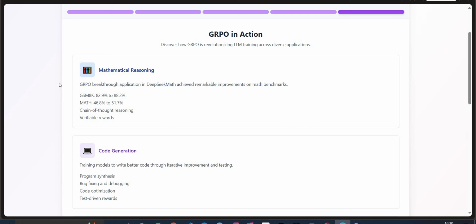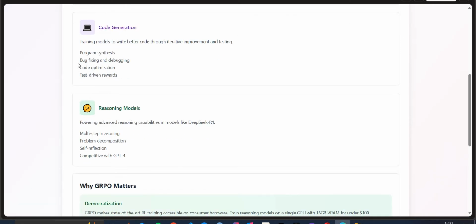The group-based advantage method fits perfectly for these tasks because each output can be easily verified for correctness, giving clear feedback to the learning process. And code generation is here. GRPO is also used to train models that write better code.